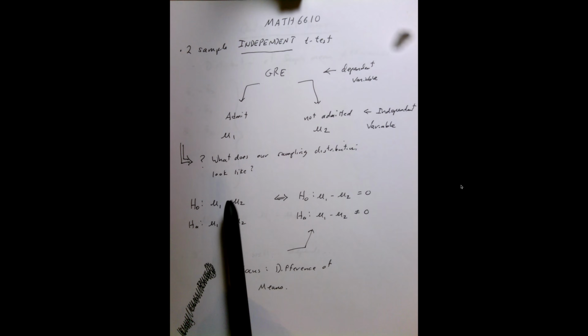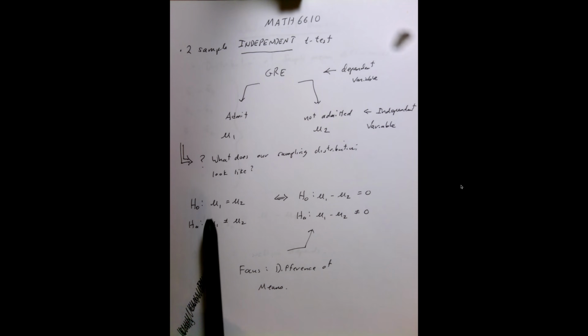So the first thing we should do is pump the brakes and rewind a little bit and think about what the sampling distribution looks like. First of all, we're testing under the null and alternative hypotheses that the means from the two populations are equal versus not equal.